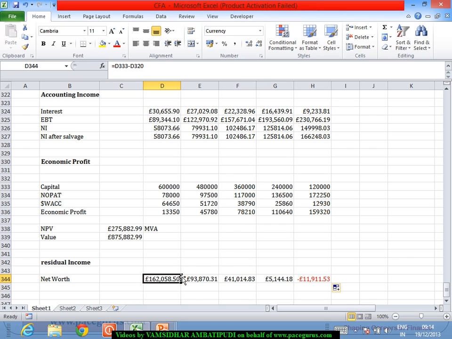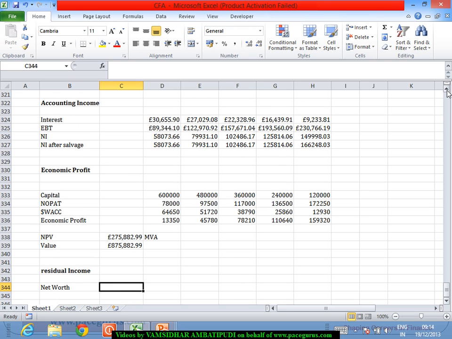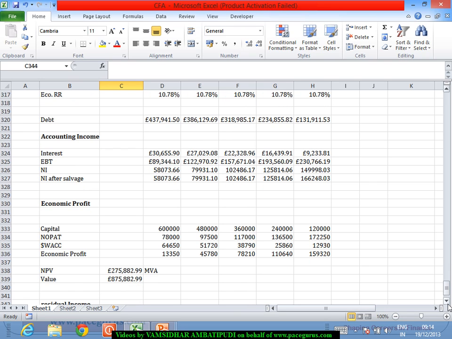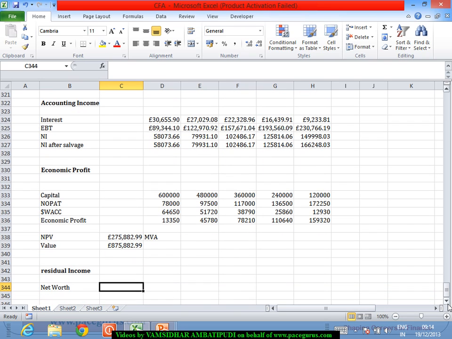So probably let me look at it from this period. Let me see, 400,000, 600,000 is the capital, and 200 and 300 and what is that, 437,000 is the debt. So the difference between the two is working out as the net worth.